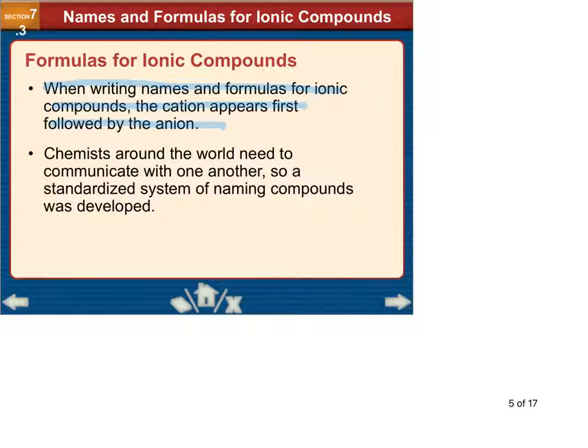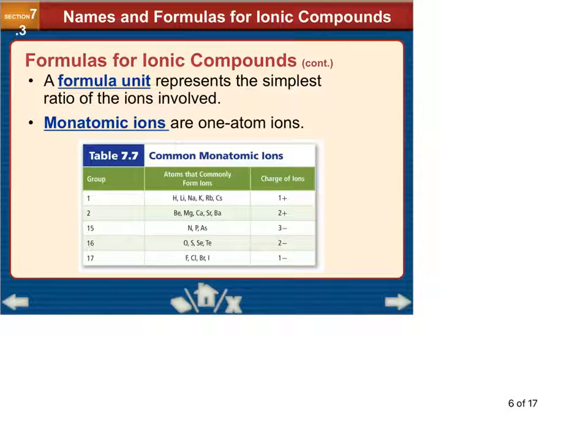So in order to deal with chemists from all around the world, we've developed a standardized system of naming compounds. Formula unit: simplest ratio of the ions involved. And we have monatomic ions, one atom ions.